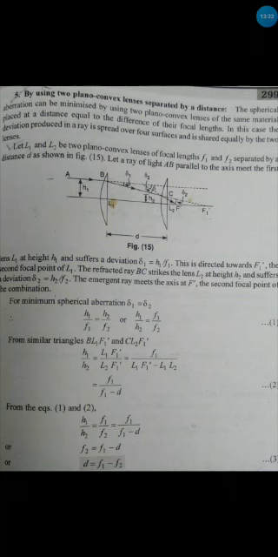So the first equation is h1 by h2 equals f1 by f2, and the second equation is h1 by h2 equals f1 by (f1 minus d). Using those two equations, f1 by f2 equals f1 by (f1 minus d). Therefore, on simplification, f2 equals f1 minus d, that is, d equals f1 minus f2.